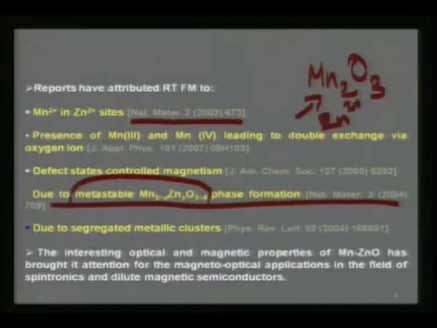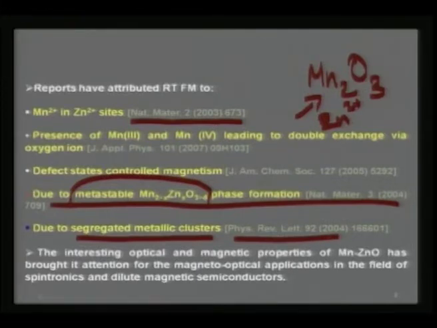So, there are several related papers which have come out, which further show the implication of the impurity phases which can cause a magnetic signal. Due to segregated magnetic clusters, this magnetic signature can come, which was published in PRL in 2004.